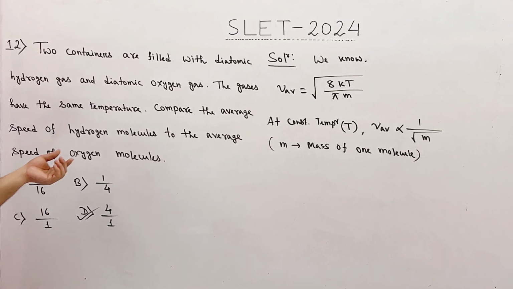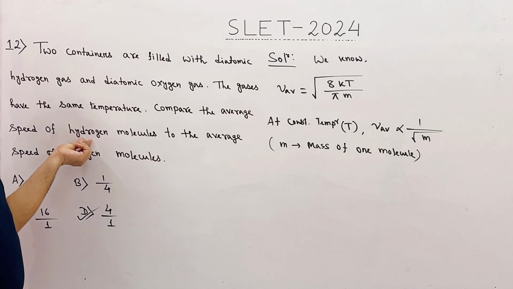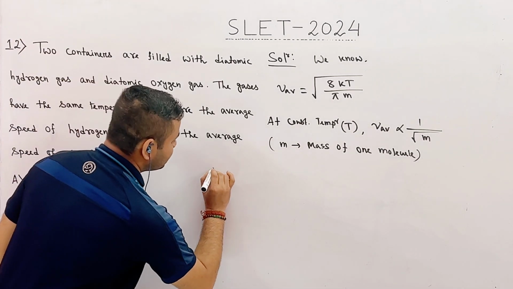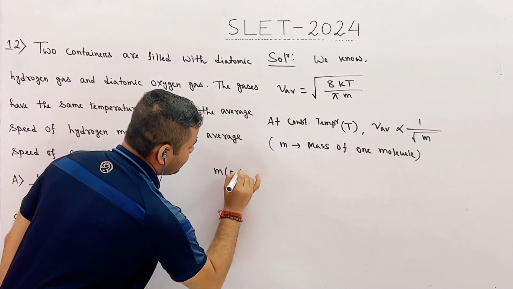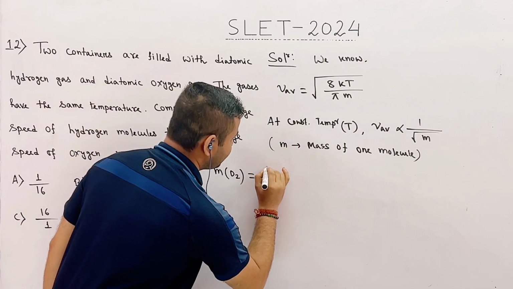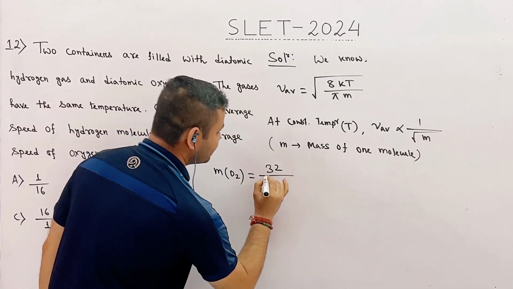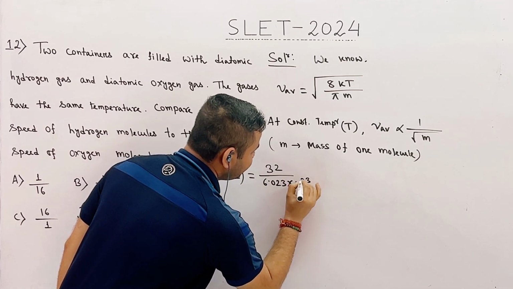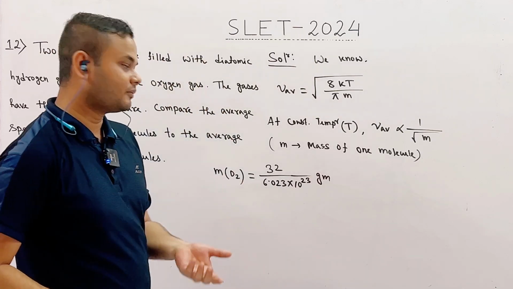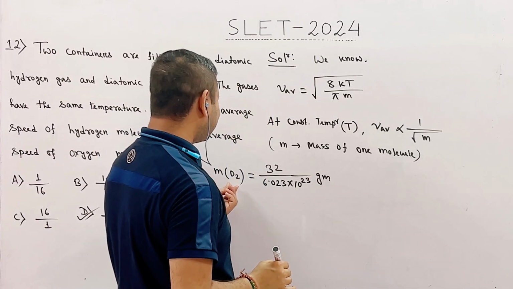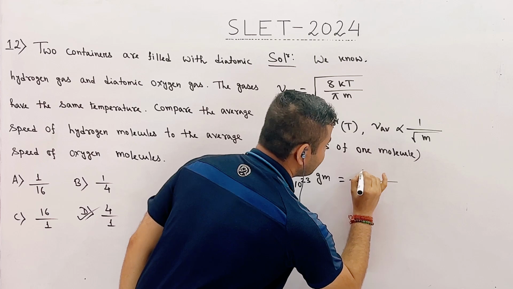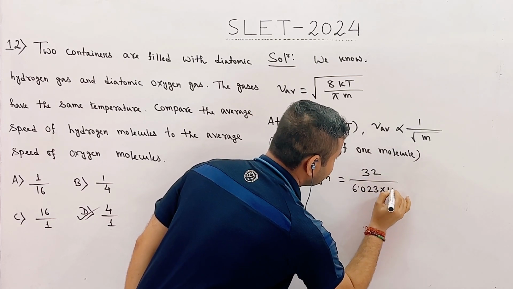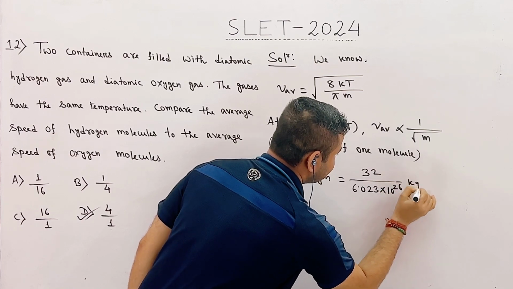Now let us find out the mass of one hydrogen molecule and mass of one oxygen molecule separately. So mass of oxygen molecule is given by 32 divided by Avogadro's number 6.023 into 10 to the power 23 gram. In terms of kilogram, mass of one oxygen molecule will be 32 divided by 6.023 into 10 to the power 26 kg.